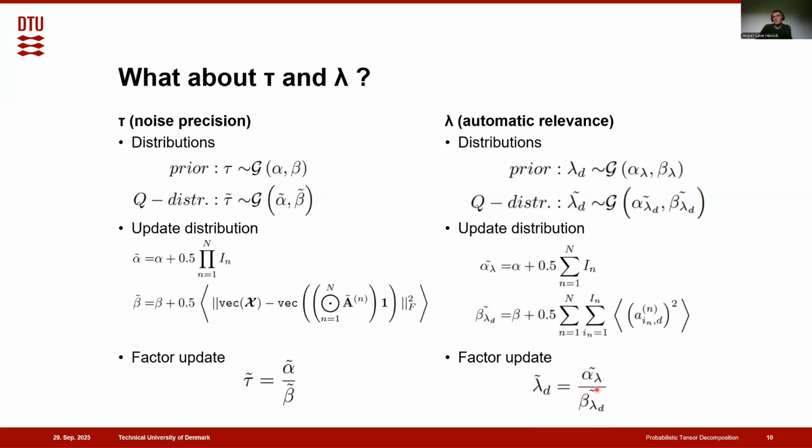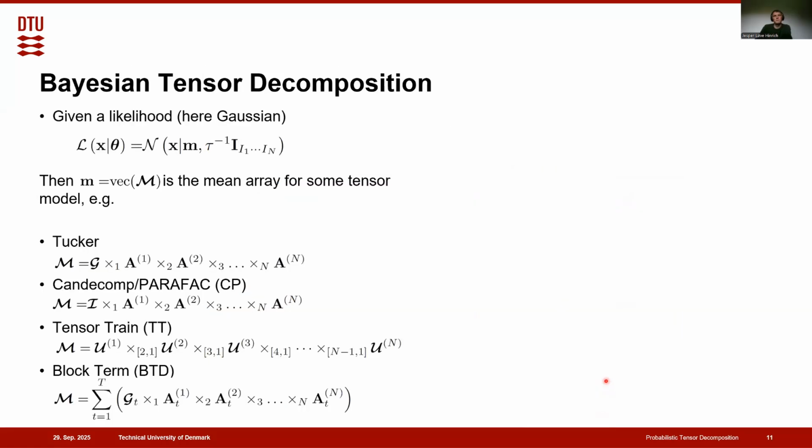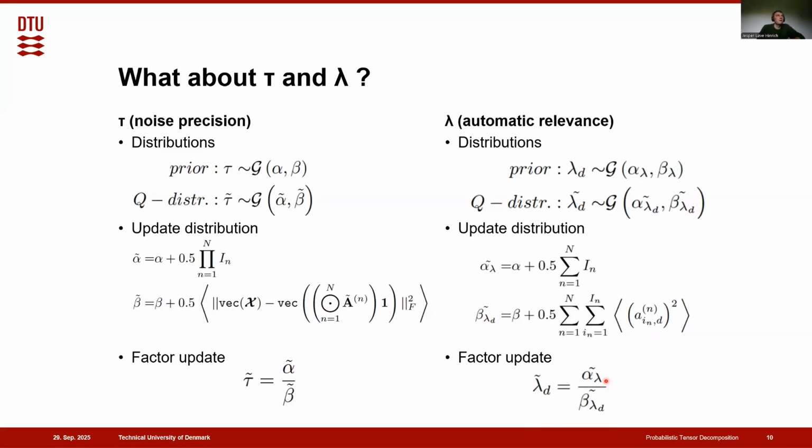And then updating is simply dividing these two by each other. So maybe a final comment there is that computationally, this doesn't add any significant cost. These are all things we either already have calculated or that are very quick to calculate.